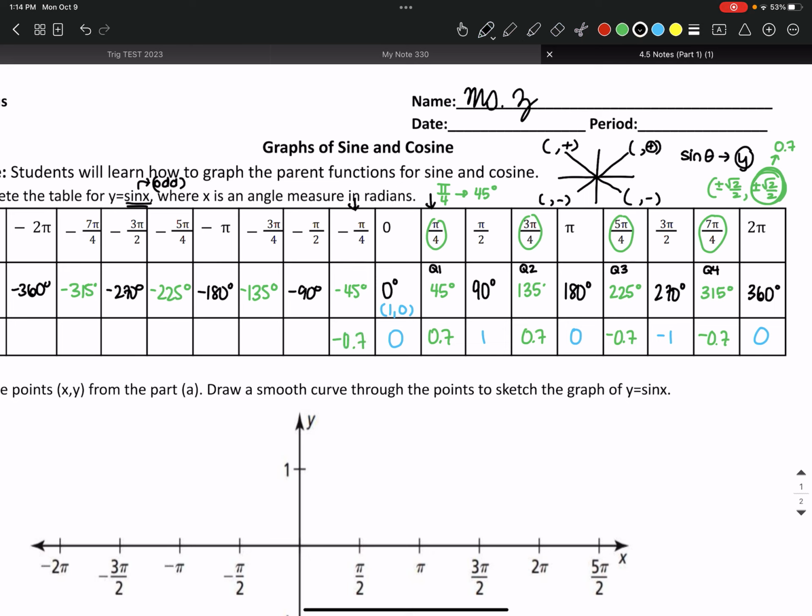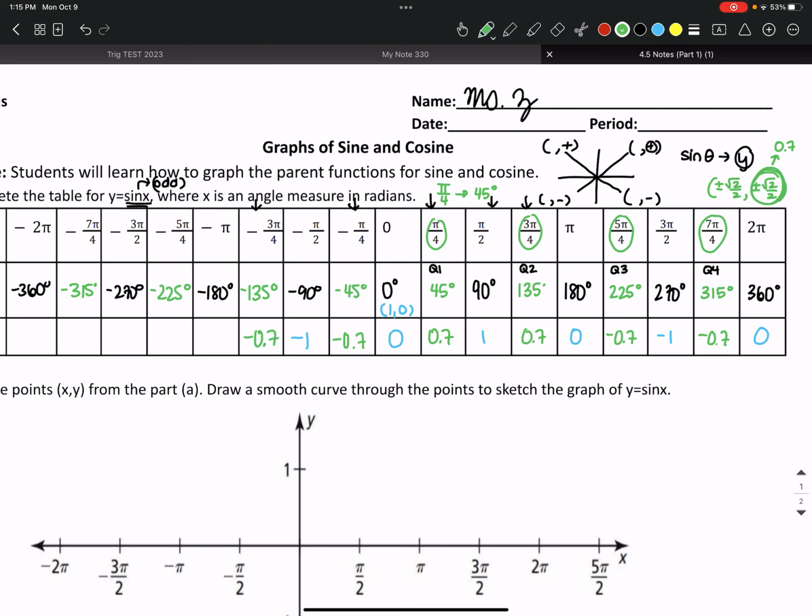If I plugged in positive pi over 2 and I got 1, then if I plugged in negative pi over 2, I would get negative 1. If I plugged in positive 3 pi over 4 and got 0.7, then if I plugged in negative 3 pi over 4, I would get negative 0.7. And then I keep going.